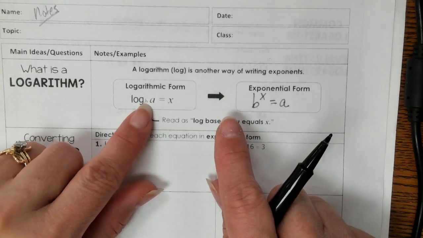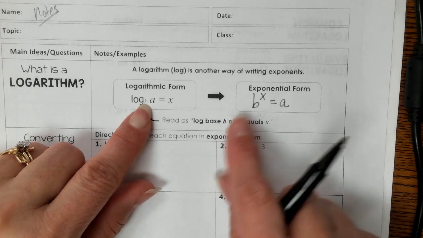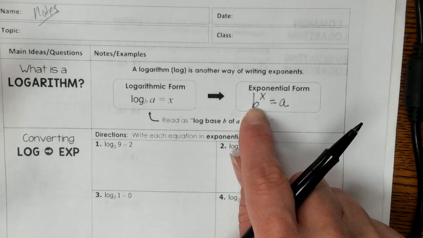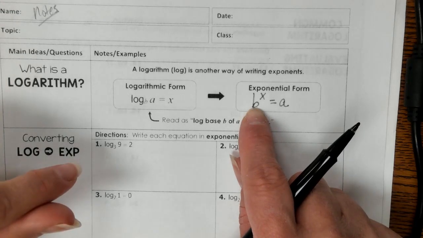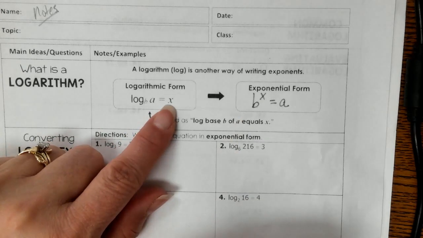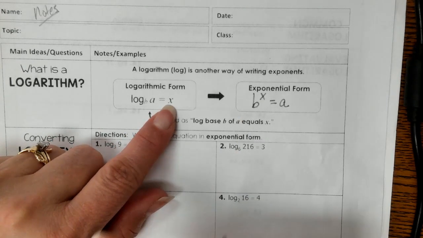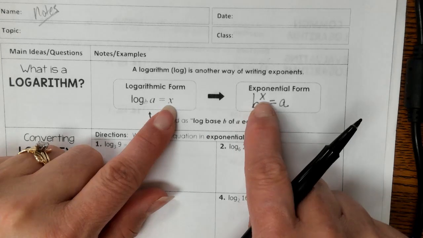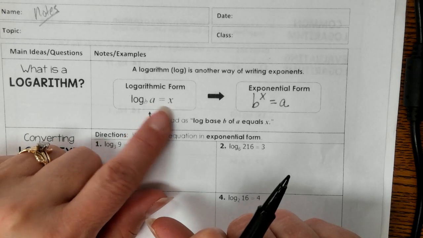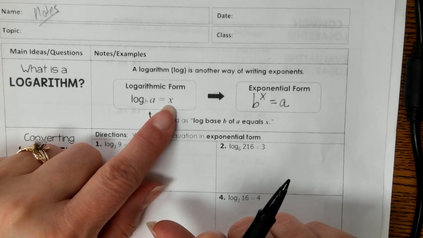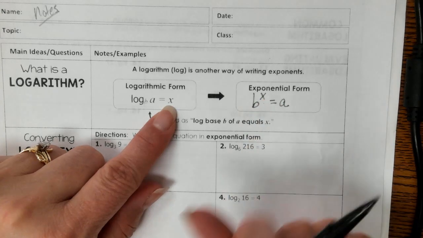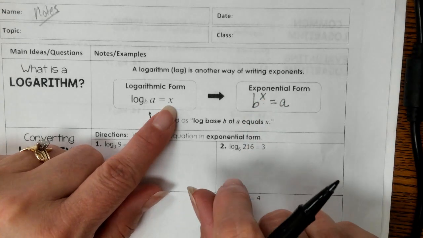The base here, the little base number for the log, is the base number when you rewrite it in exponent form. The answer to the log is always the exponent. So x, see how this log equals x? X in that little statement is the exponent because logs equal the exponent.